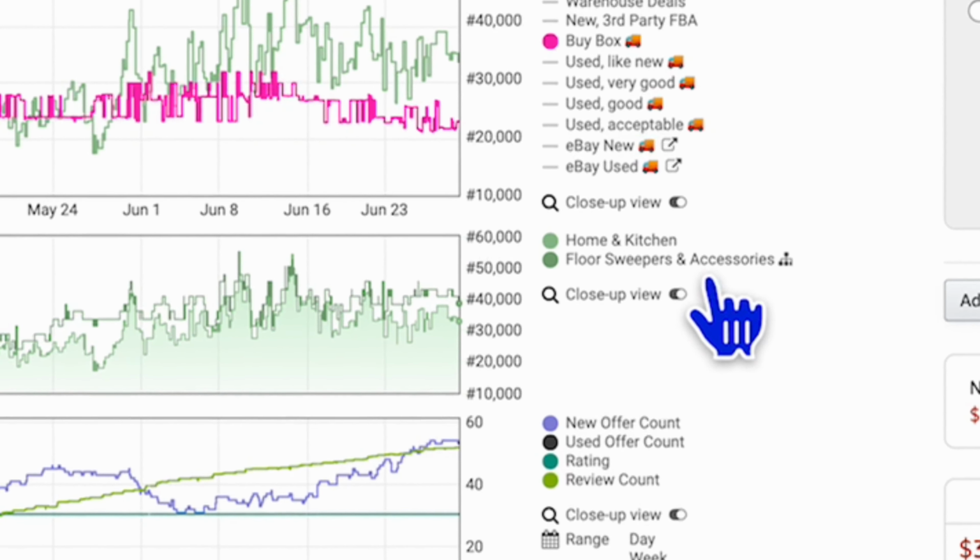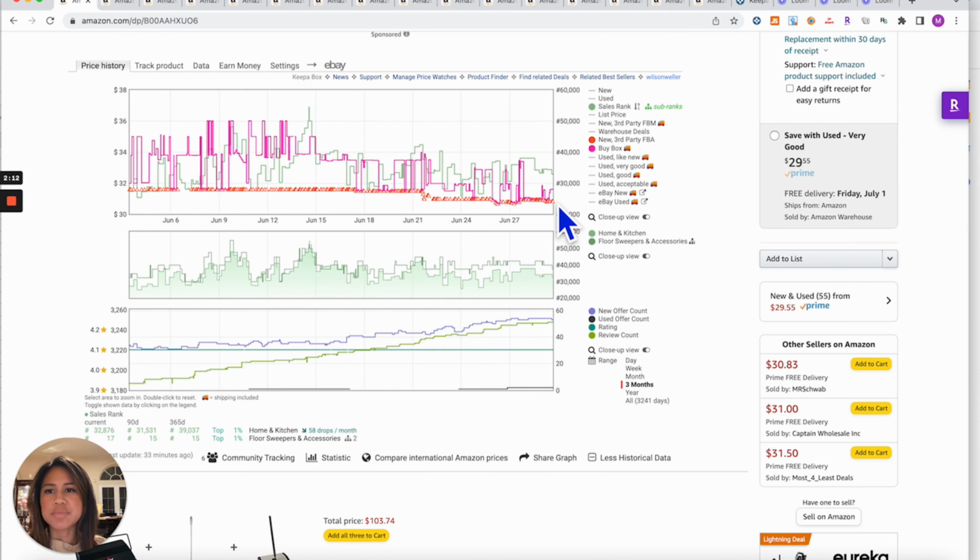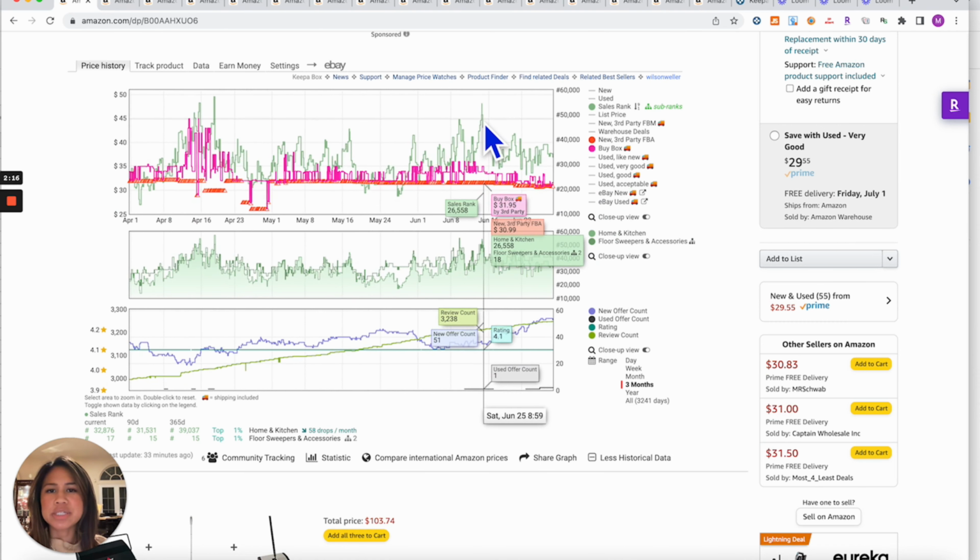And then next, the thing that I really like adding to this is the new third-party FBA, which is always going to be designated by these little orange triangles. You can actually see more that they're orange triangles, okay? And then that's how you can zoom in. You just drag the box here, and then it zooms into the time. You can always zoom out by just double-clicking the box.